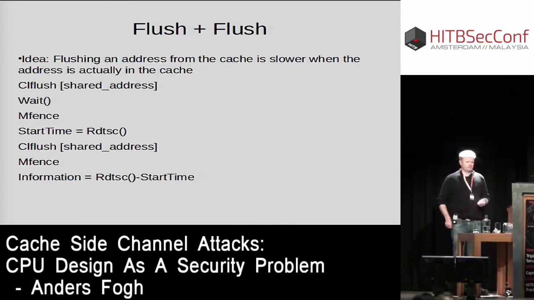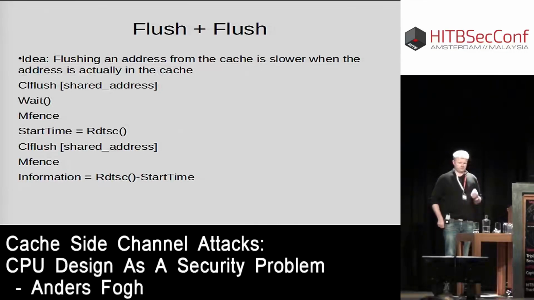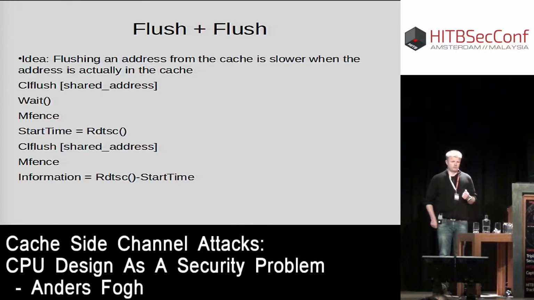The second thing is the CLFLUSH instruction itself will actually return the cache to a known state, meaning that if you repeat this attack, you don't have to go back to the first CLFLUSH instruction, you can go right to the wait phase. This makes it faster again, and this gives it a lot better temporal resolution and much more bandwidth as a side channel. In fact, the flush and flush attack is the attack which had the covert side channel which can stream video in HD.